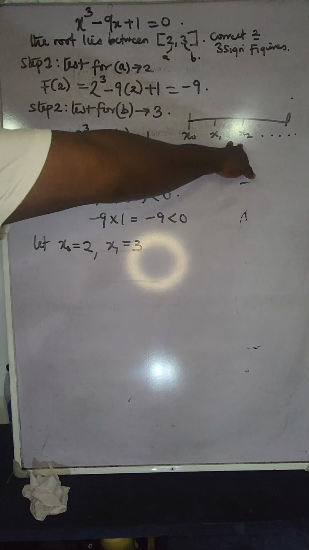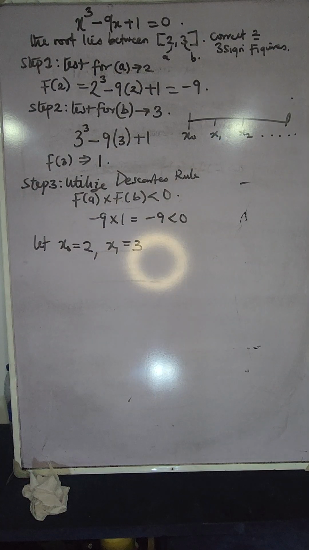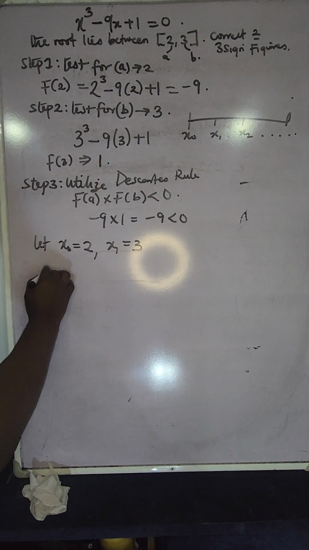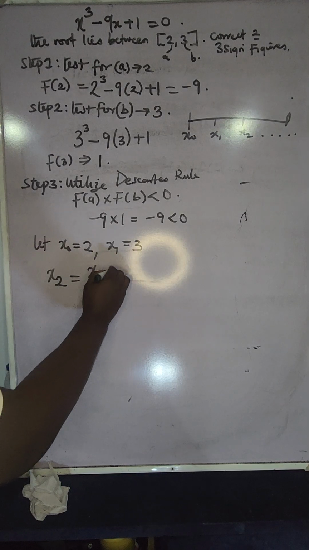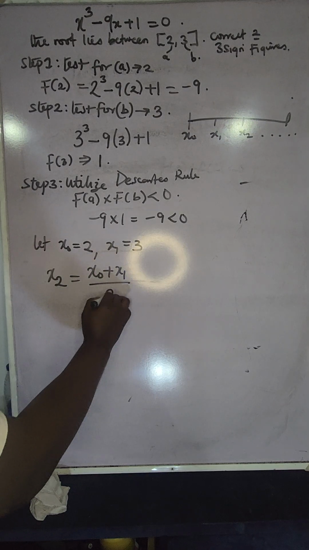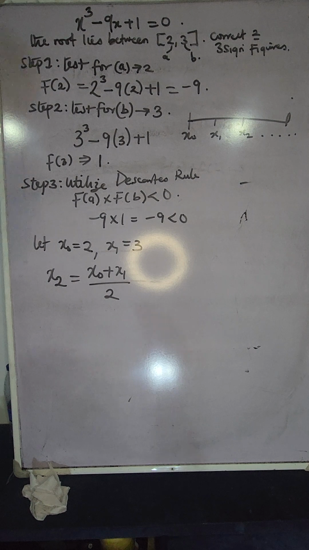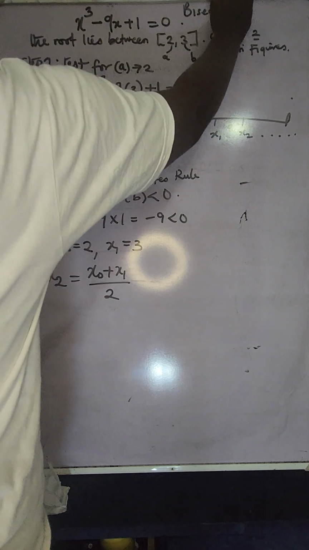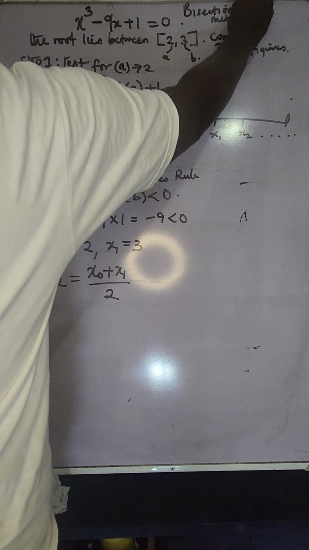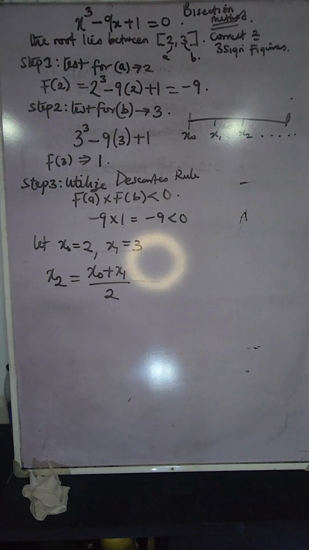The next person should be x2. And so our x2 will now be x naught plus x1 all over 2. That's where the name bisection method came in.